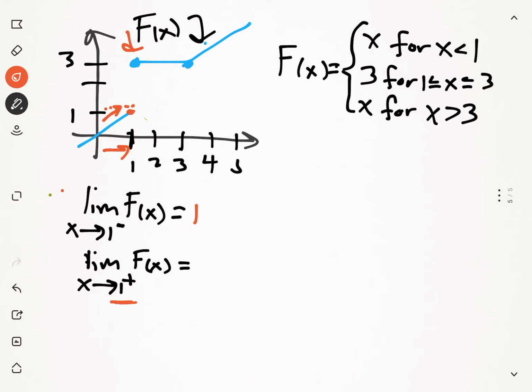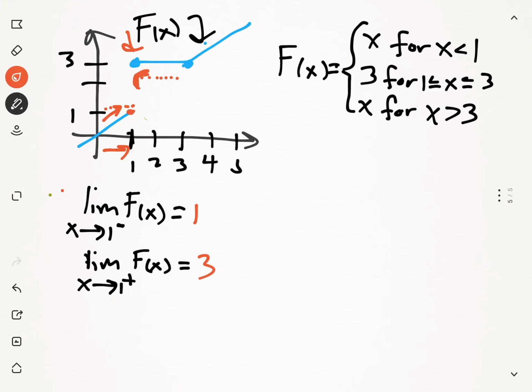So 1 from the right means start right, go left. And what is the y value there? You're saying when x is 1, what is y? It is 3.